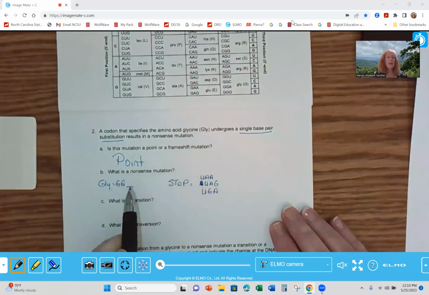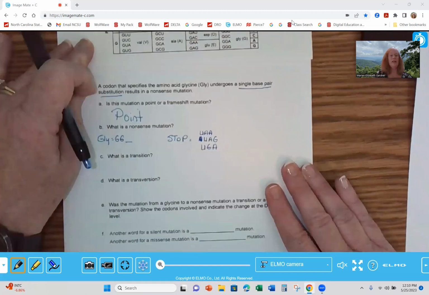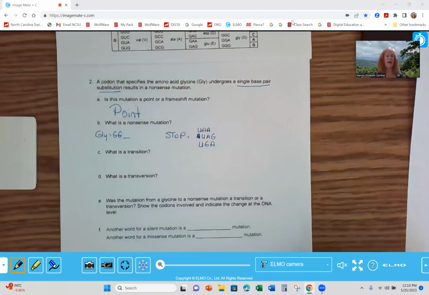So the idea is this question is going from a codon like this, where that blank can be anything, to one of these 3 codons. Well, we've got a couple more questions to answer before we actually solve that part of the question.